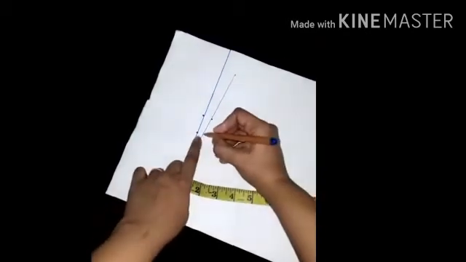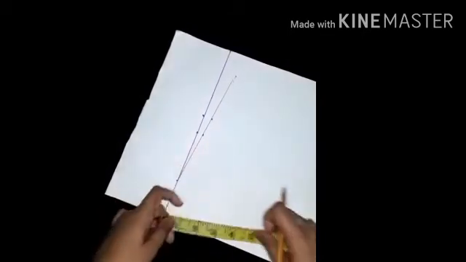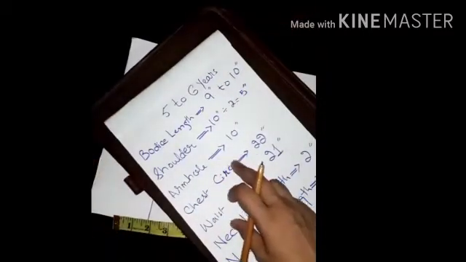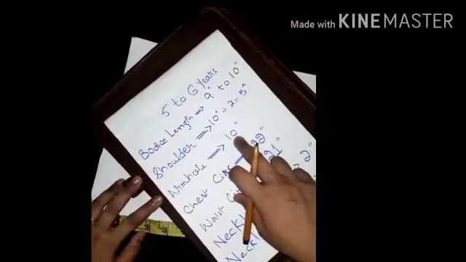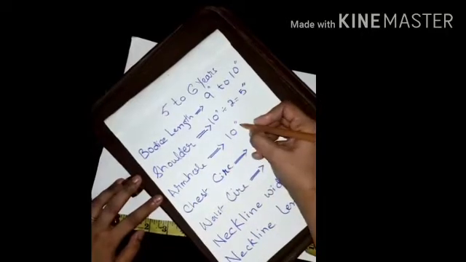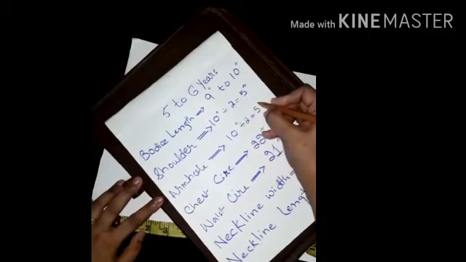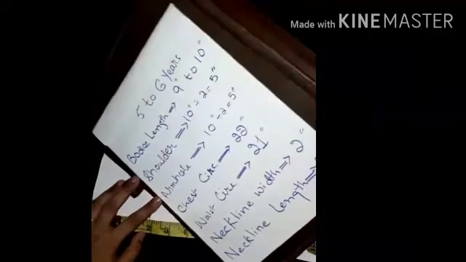From that point, I will mark downwards on the shoulder slope. From that shoulder slope point, I will measure the armhole. Armhole circumference is 10, so divide 10 by 2, then I get 5 inches for armhole.